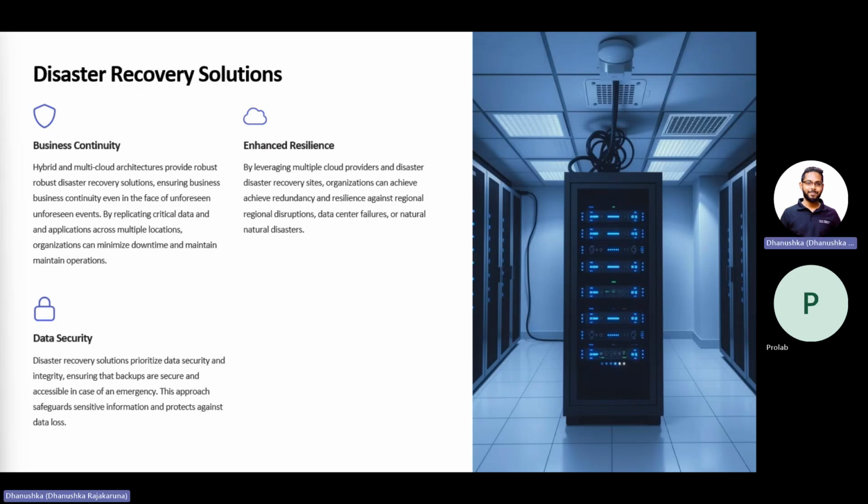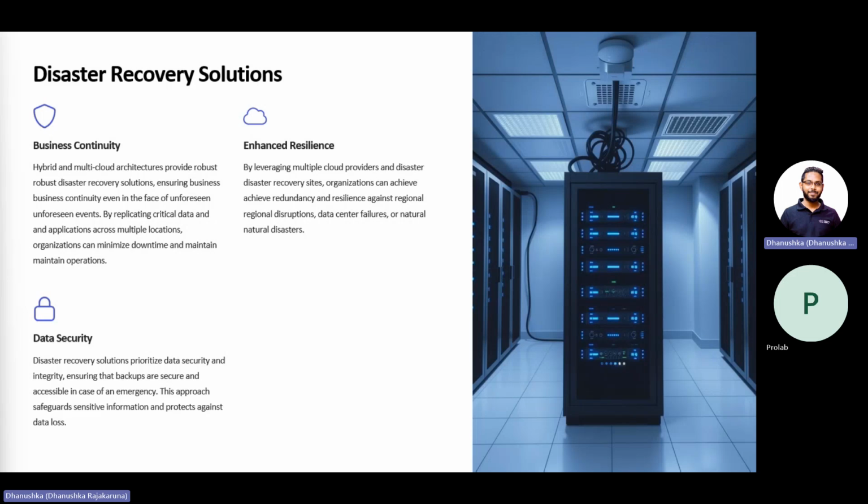So DR protects against natural disasters, cyber attacks, or hardware failures, maintaining operational continuity and customer trust, and aligning with compliance requirements for data protection and availability. The key objectives of DR are business continuity, enhanced resilience, and disaster data security.